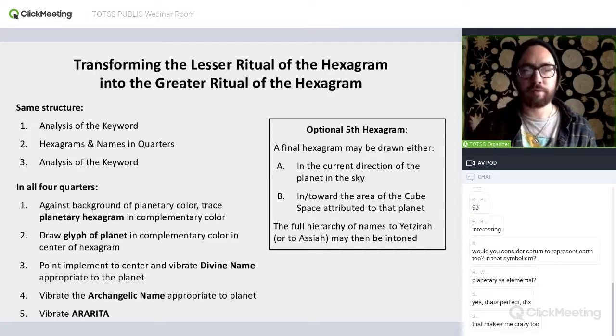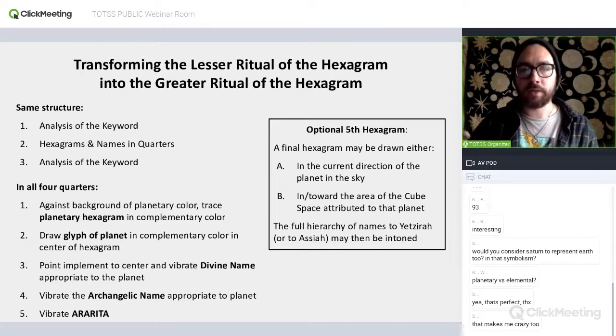If this is confusing or too much, you don't have to worry about it, but you can add this optional fifth hexagram. This would happen after you've done the four hexagrams in the quarters and then before the analysis of the keyword. This fifth hexagram can be drawn in one of two places. It can either be drawn in the current direction that planet actually is in the sky.